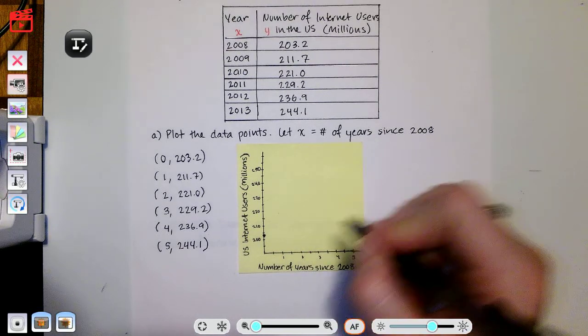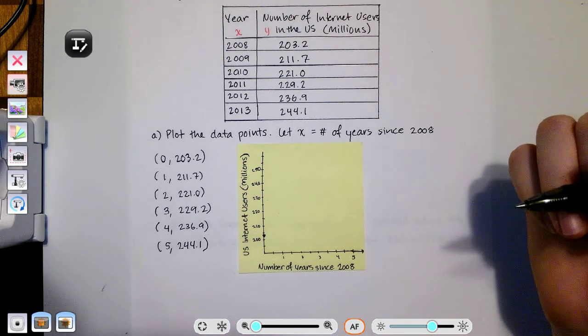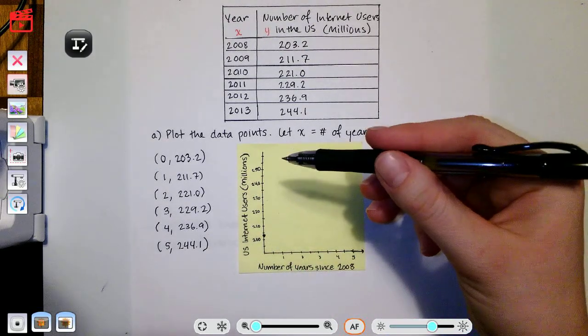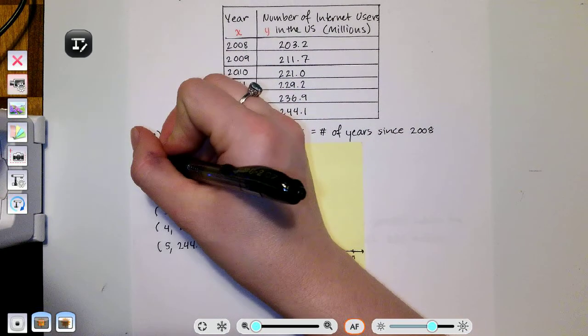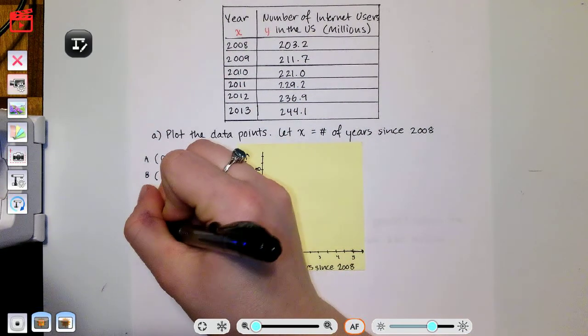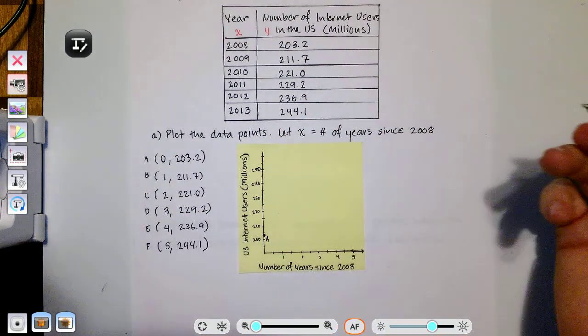If you had more room, it'd be a good idea to label the points. Since I don't have room, I will give them letters. Let's call these A, B, C, D, E, and F. So that point is point A.